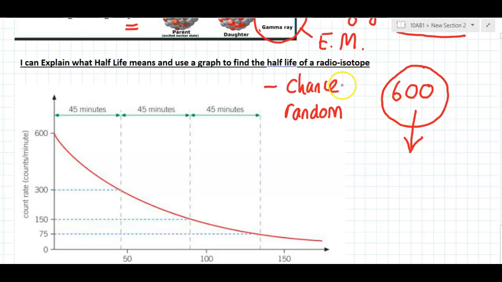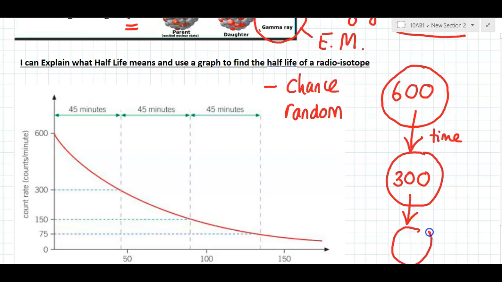The chance of each individual dice being a 6 is the same, but which individual dice land uppermost with a 6 is random. The chance is the same, but individual atoms decay randomly. And that means that the time that it takes to halve will be the same every time it has to halve.